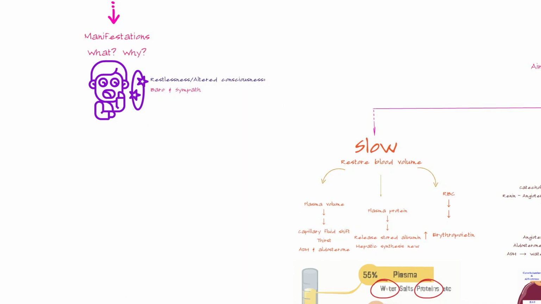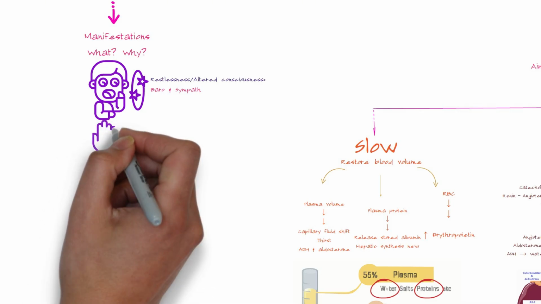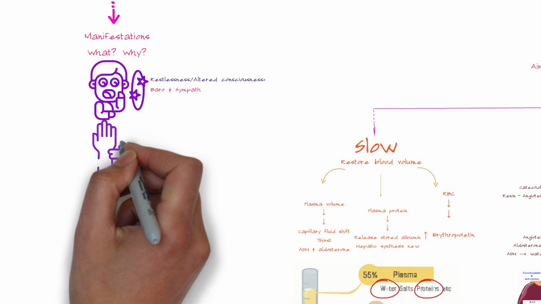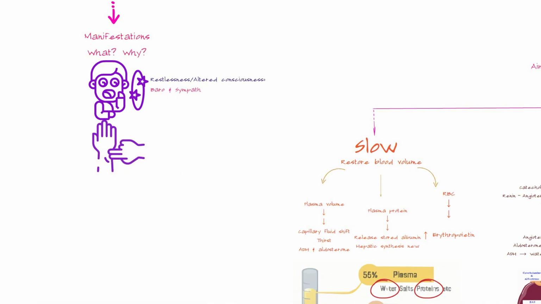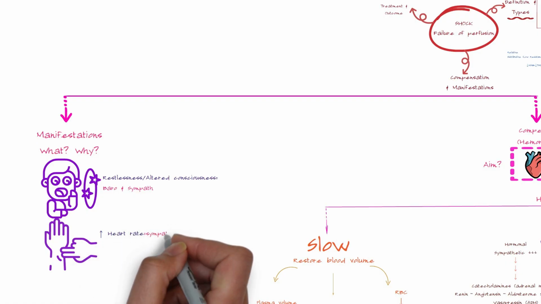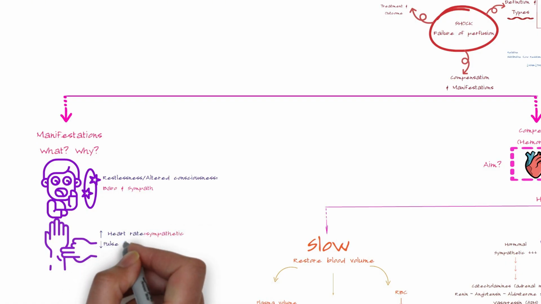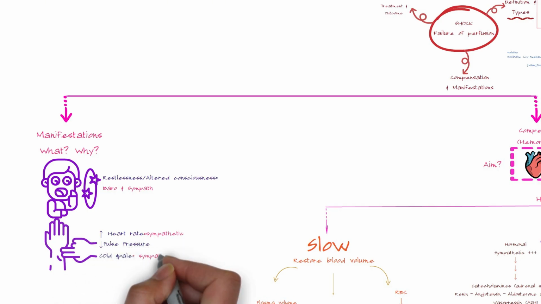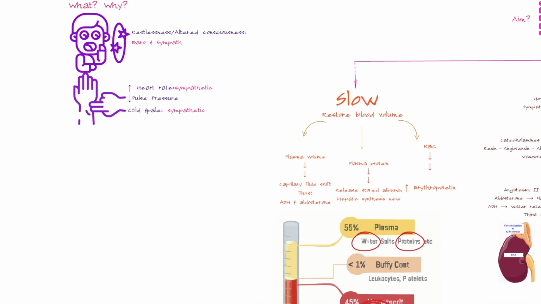Move to the cardiovascular manifestations. By examining the pulse, we find an increase in the heart rate, dropping of pulse pressure, and cold pale skin. Why? Due to the sympathetic activation, with increase in the heart rate, the vasoconstriction causes coldness and pallor due to the dropping of the blood flow.